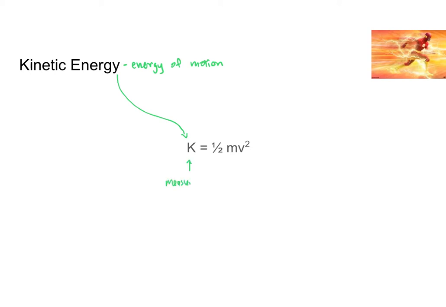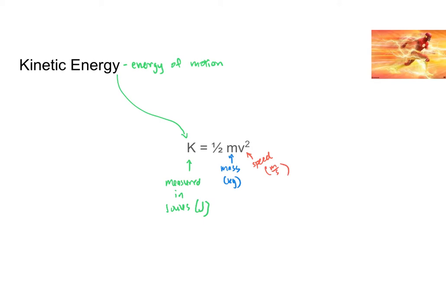So it's measured in joules, which we represent with a capital letter J. And our kinetic energy is defined as being half the mass of an object in kilograms times its speed squared. And of course, our speed is going to be in meters per second.